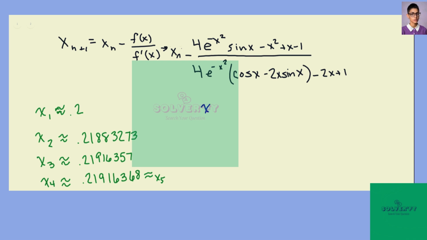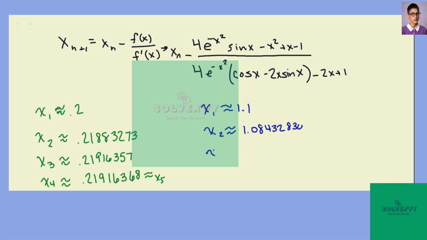My x₁ for my 1.1, I plug that in for my x value, and I get 1.08432830.